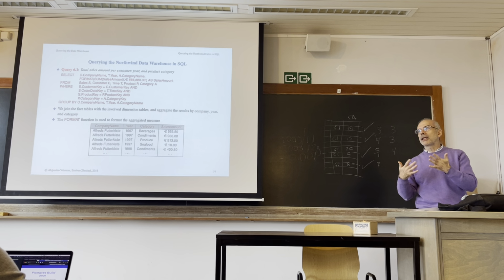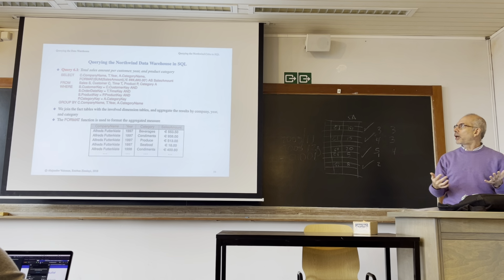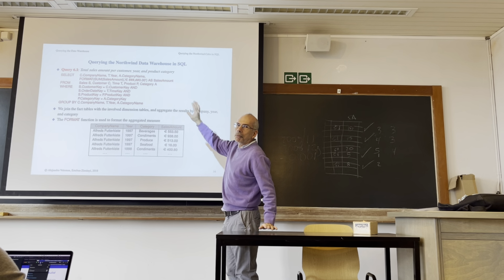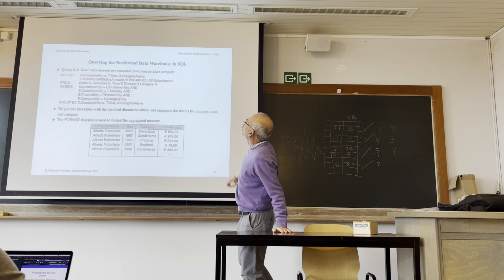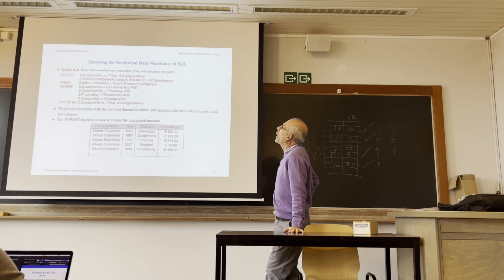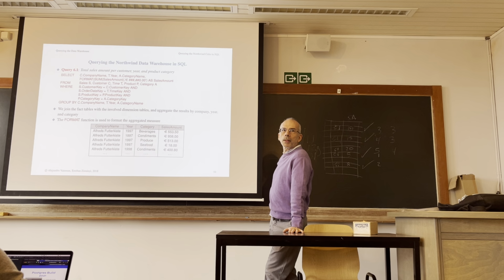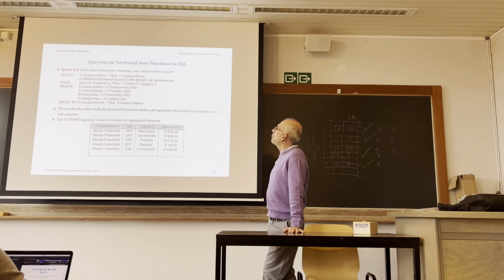So we are trying to identify categories of queries. What would be a query of the same category, similar to this one? Please read definition 6.1: total sales amount per customer, year and product category. What would be a similar query in the same category?